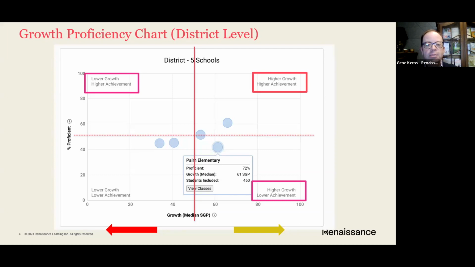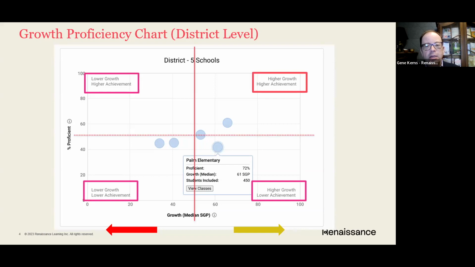But we also had schools in the top left quadrant, high achieving schools. And we never realized that within some of those high achieving schools, some kids weren't growing as much as we would like them to grow. And then, of course, that leaves the final quadrant, which nobody wants to be in, which is lower growth and lower achievement.